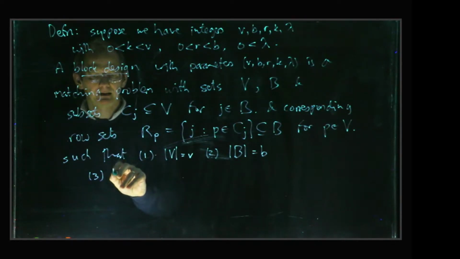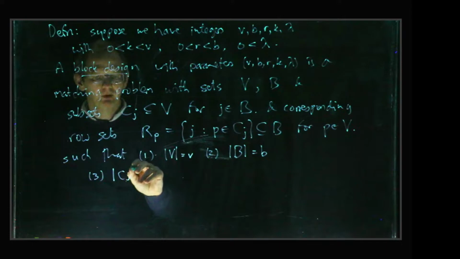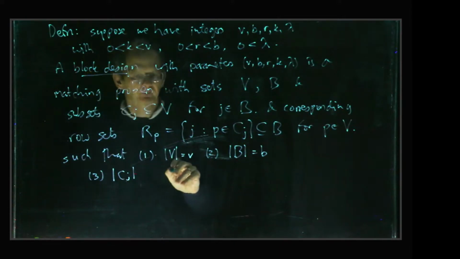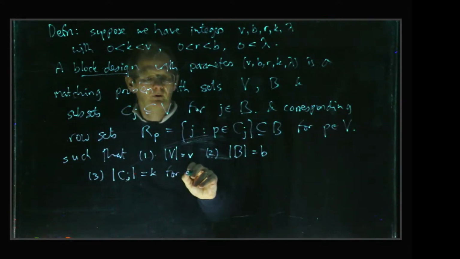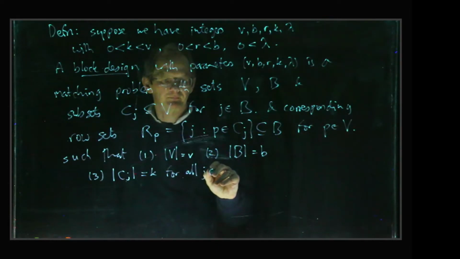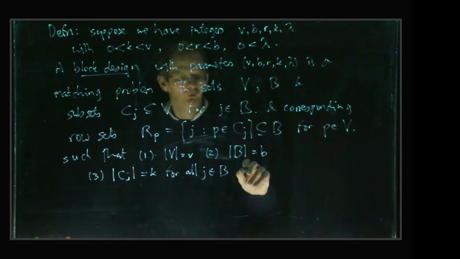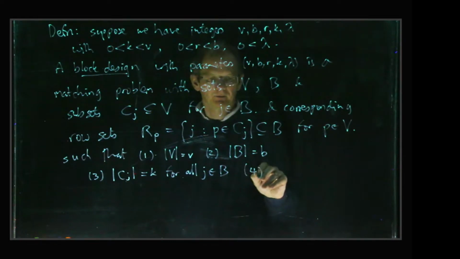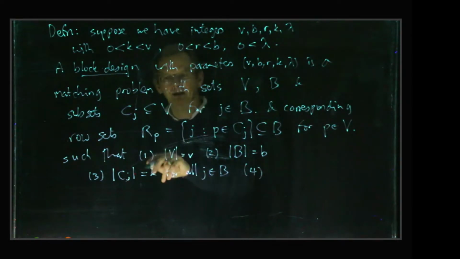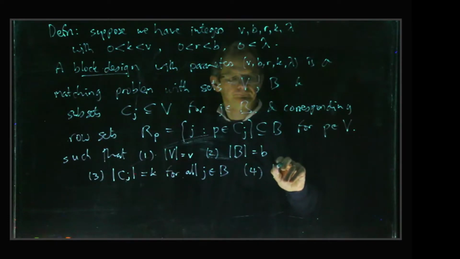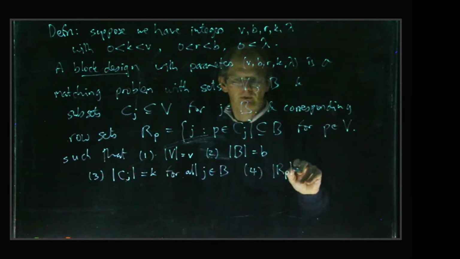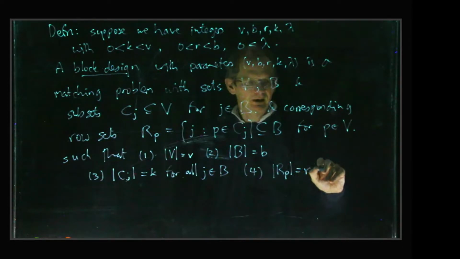Thirdly, the size of each block Cj is equal to k for all j in B. And fourthly, the size of the sets Rp, the row sets, sometimes called co-blocks, is equal to little r.